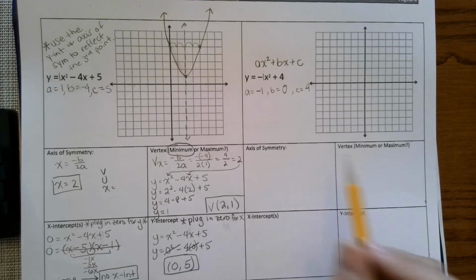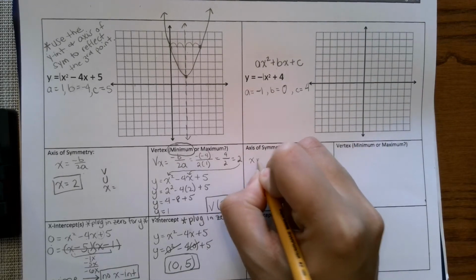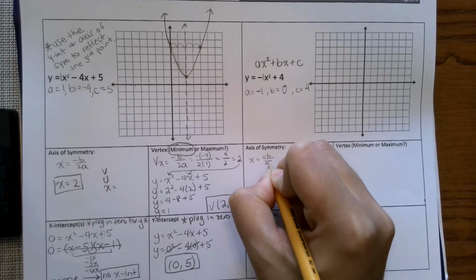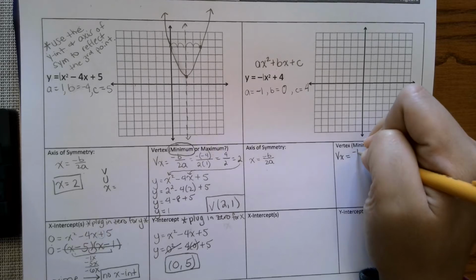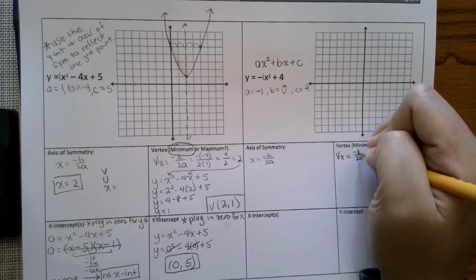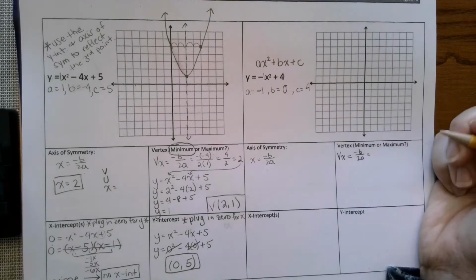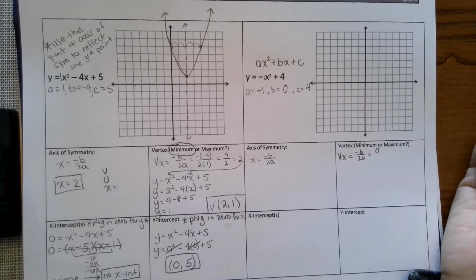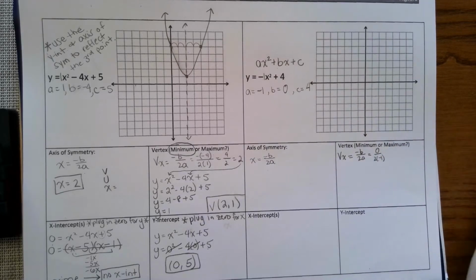So just like before, we're going to go ahead and find the vertex and the axis of symmetry. You know that by finding the x-coordinate of the vertex, we are finding the axis of symmetry. I'll do the work over here. So the opposite of b over 2a: the opposite of 0, there is no such thing because 0 is neutral, so it's just 0. And 0 over 2 times negative 1, well, we've talked about this.